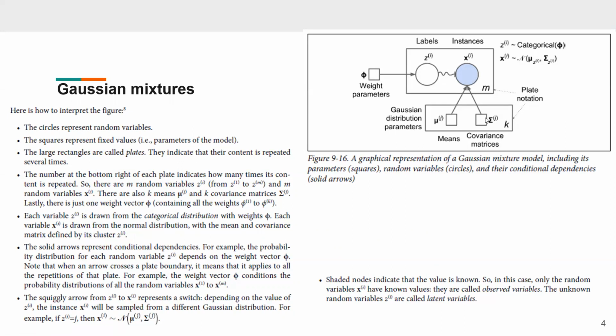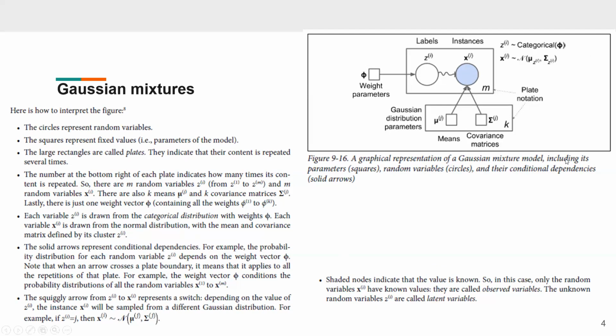That's essentially outside, right? From here to there and from here to there. A squiggly arrow from zi to xi represents a switch. Depending on the value of zi, the instance xi will be sampled from a different Gaussian distribution. Essentially, because different clusters have different parameters, it would sample from different distributions.